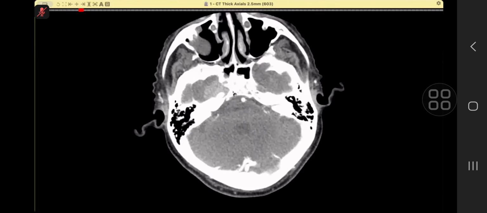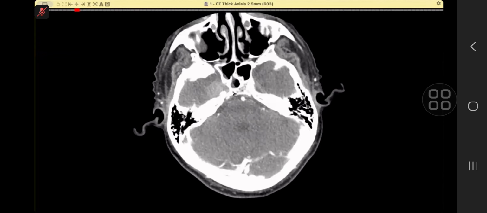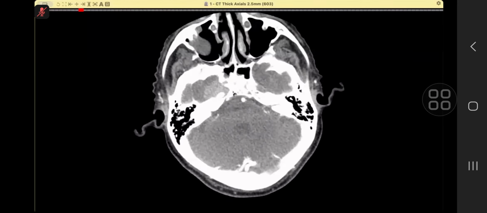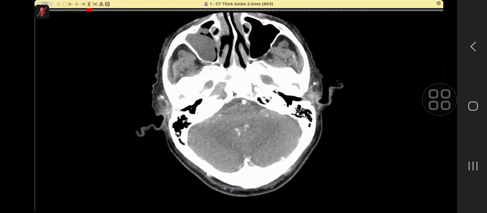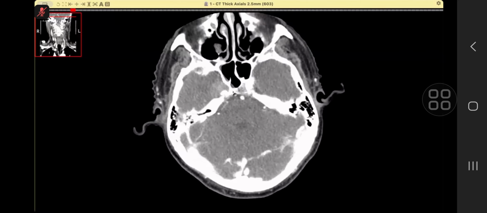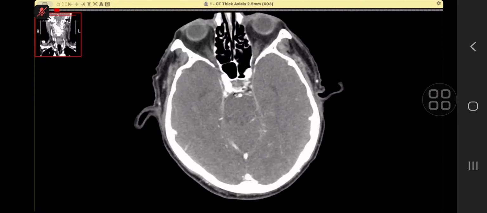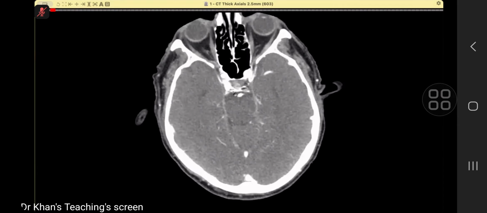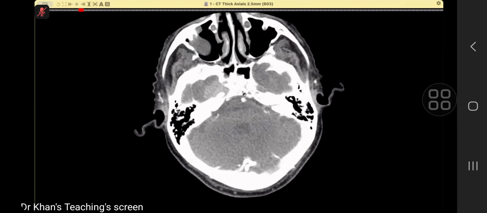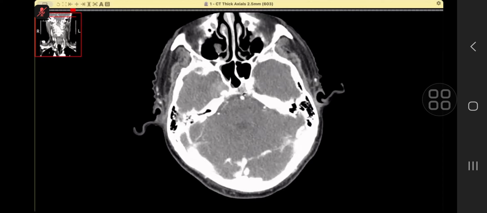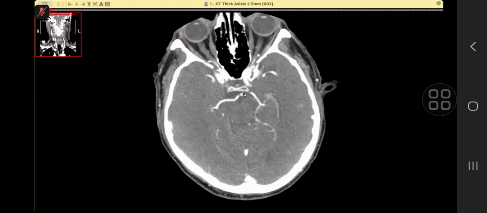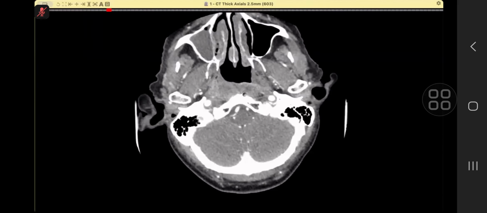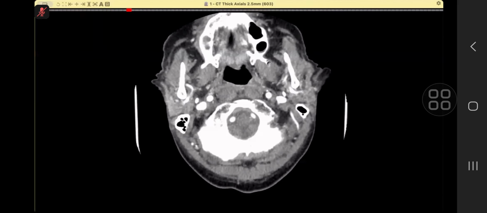So in summary, this is an aggressive, likely neoplastic lesion. My differential could be nasopharyngeal carcinoma. Okay, thank you.